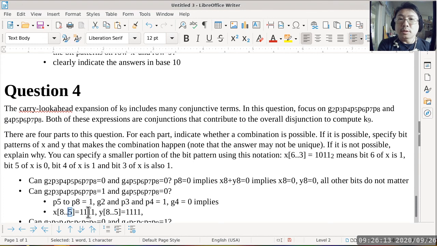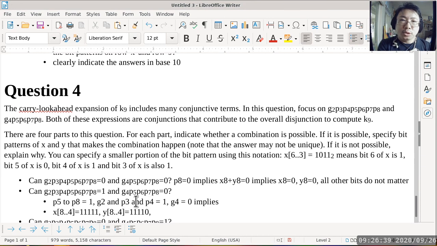Oh, okay, this is the tricky part. The tricky part is we want P4 to be a 1 and yet G4 to be a 0. So that means for x4 and y4, one of them has to be a 0, the other one has to be a 1. Because we need the conjunction to be a 0, but we want the disjunction to be a 1. So that's how we can work out bit 4.